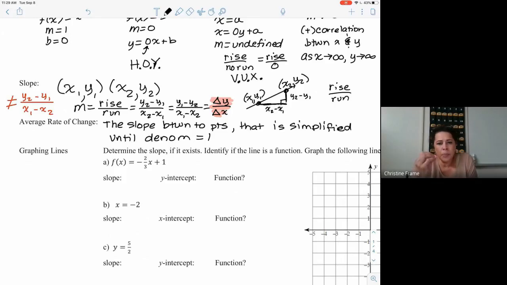So it's a slope between 2 points that is simplified when the denominator equals 1 unit, whatever that unit is. Like, for example, hours or minutes, 1 minute, 1 hour, whatever that unit is, okay? So when we're finding average rate of change, that's what we're looking for.